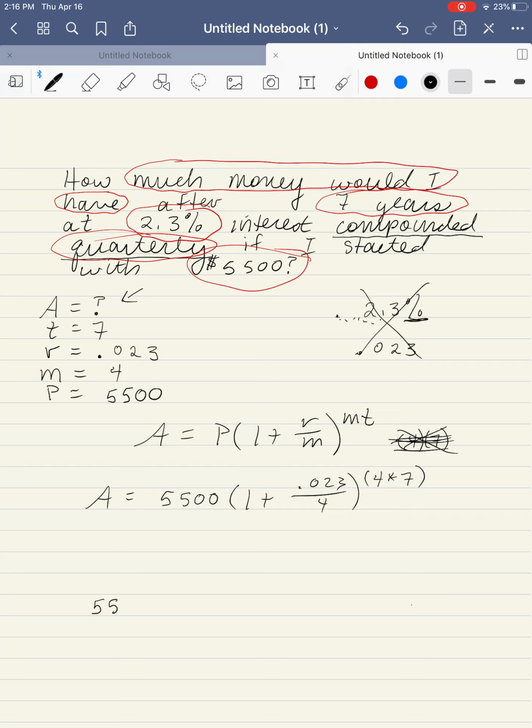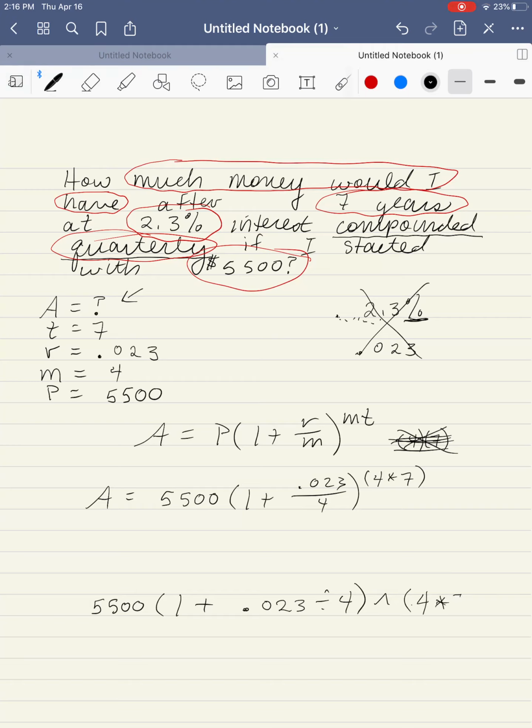So plugging this into my TI-83 calculator, I'm going to plug in 5,500 parenthesis 1 plus 0.023 divided by 4, close parenthesis, and I don't need parentheses around that.